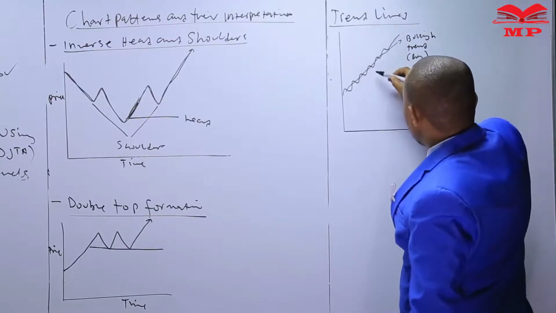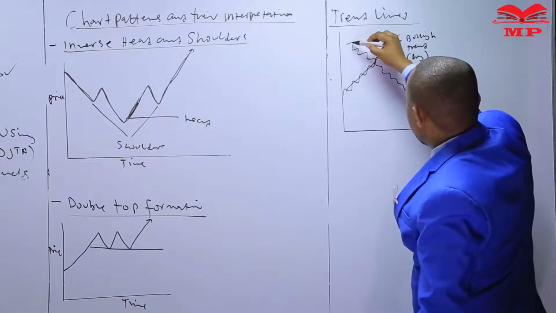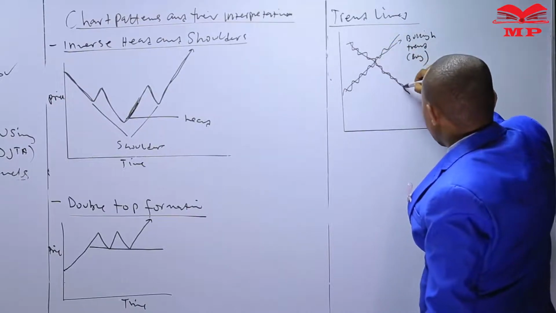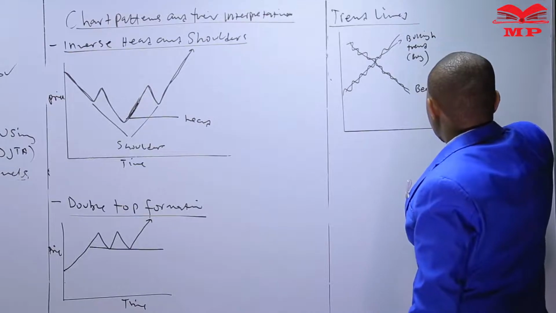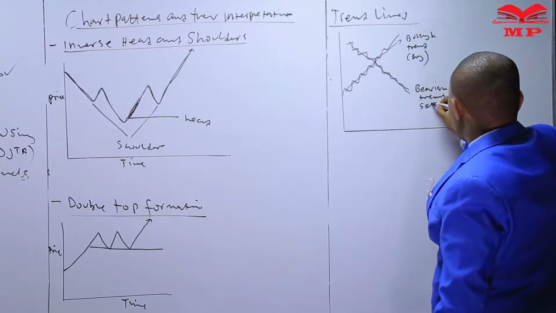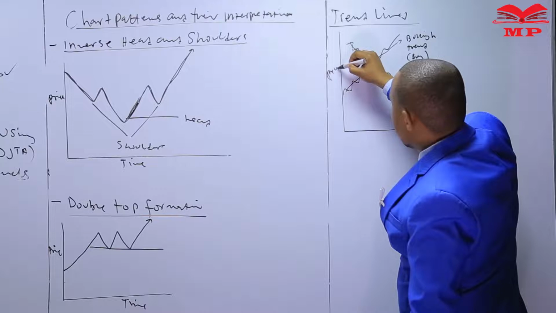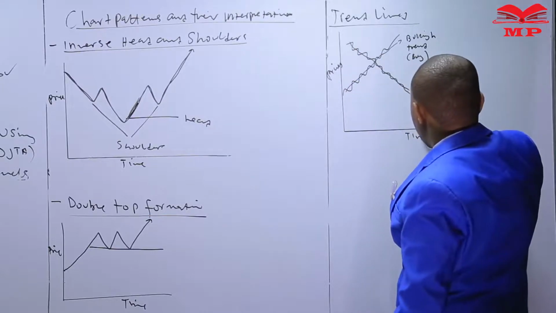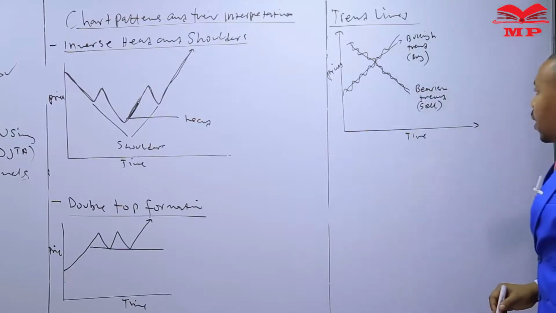Then if it's moving in the opposite direction, I can put it on that graph like that, and you're saying that the trend line is moving in that direction, and we say it is a bearish trend, sell security like that. Here we still have prices, and here we have time. That shows continuity in the line there.